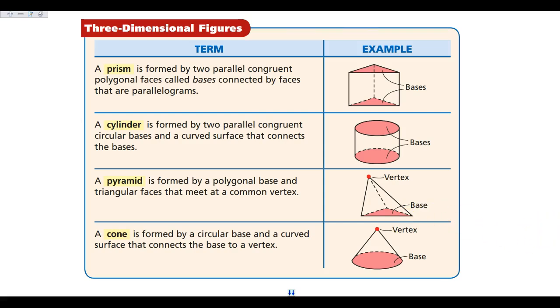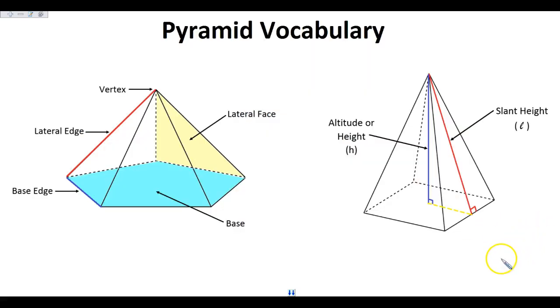So let's look at that a little more in depth with some of that vocabulary. Here with this pyramid, I have faces and I have bases. The faces are called lateral faces, because they're not the base.